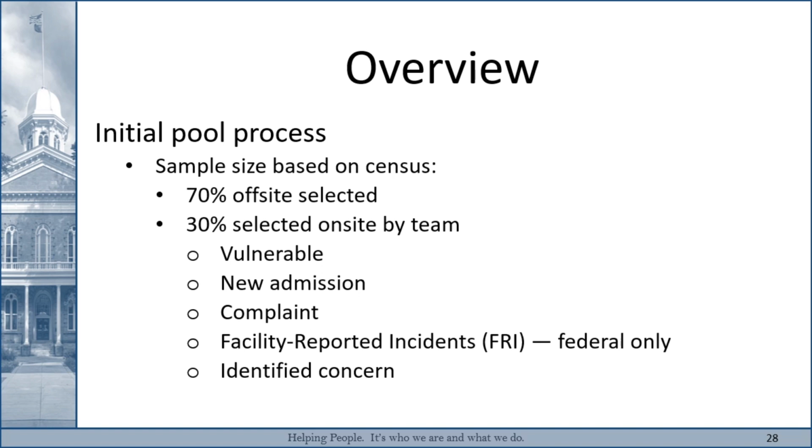In the initial pool process, the sample size is based on the census, 70% off-site selected, 30% selected on-site by the team, with a focus on vulnerable, new admission, complaint, facility reported incidents for federal only, and identified concerns.